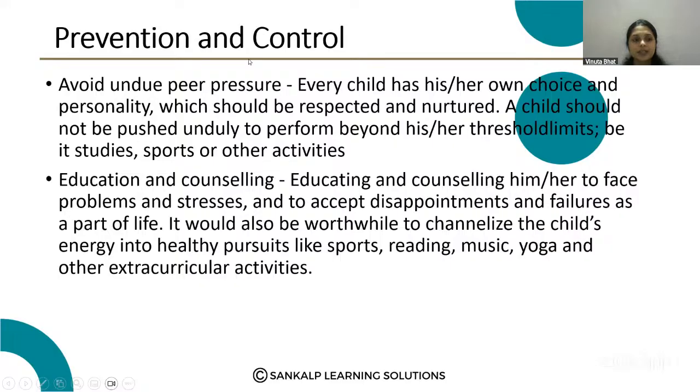The first thing is to avoid undue peer pressure. Every child has his own personality, and it should be respected and nurtured. A child should not be pushed unduly to perform beyond his or her threshold limits, be it studies, sports, or other activities. Sometimes pressure from parents or others leads to addiction.